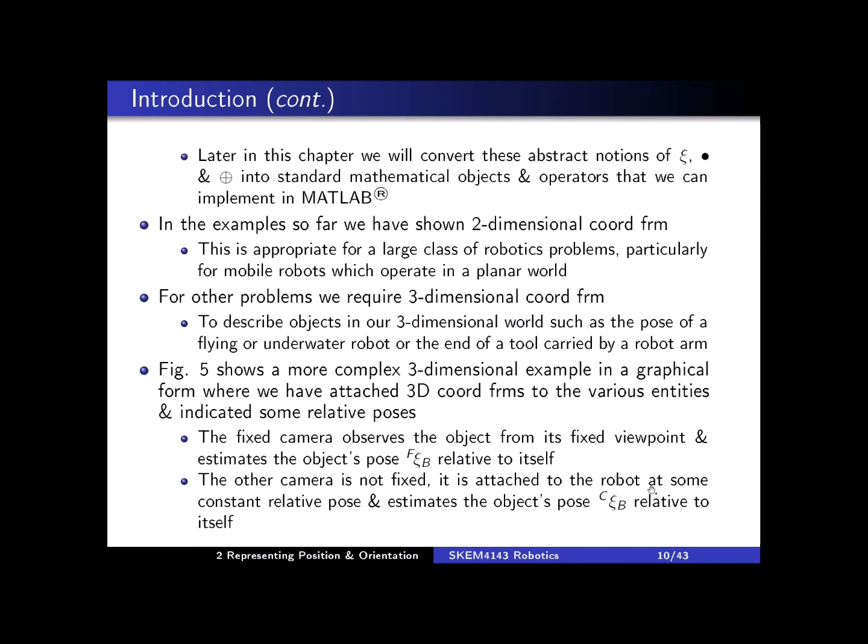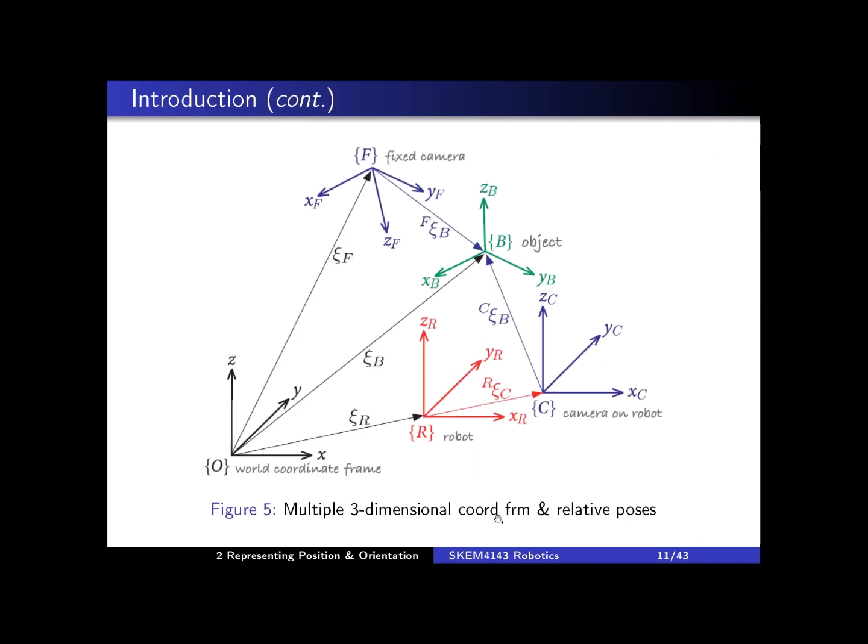The other camera is attached to the robot at some constant relative pose and estimates the object's pose psi BC relative to itself. So this camera will obtain the pose of the object with respect to itself and the robot.